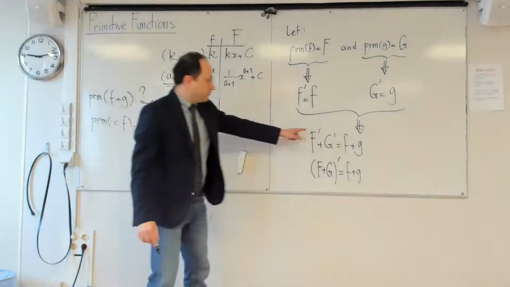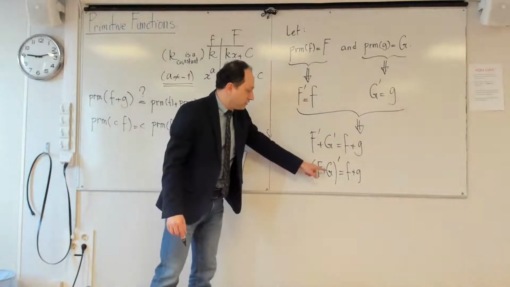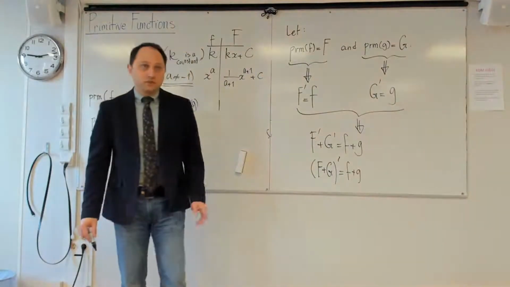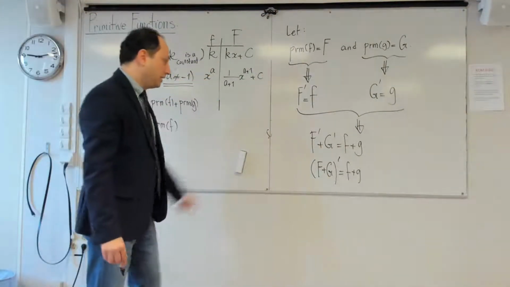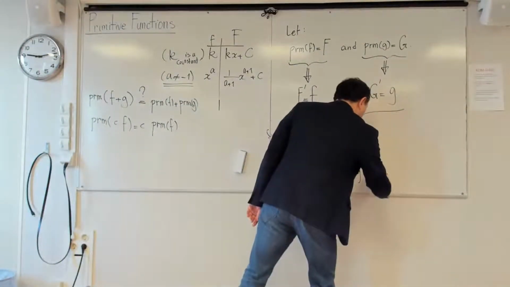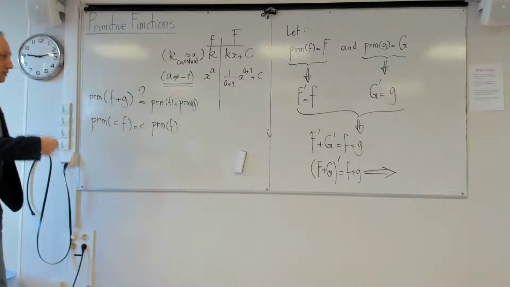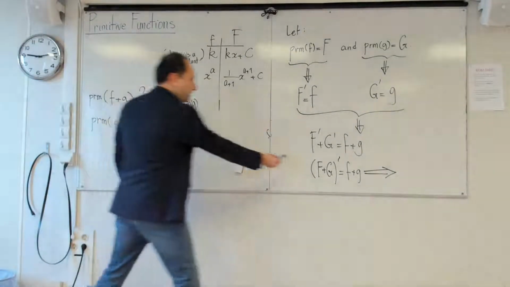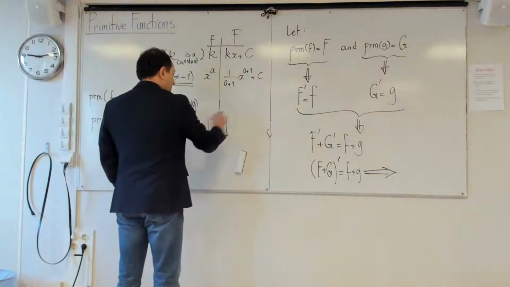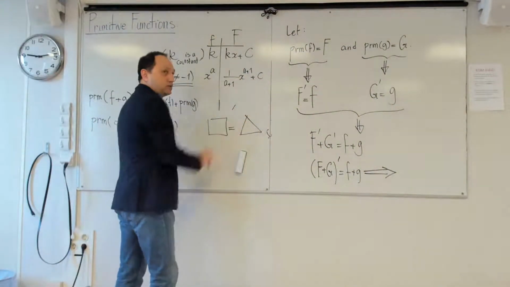Instead of writing F prime plus G prime separately, am I allowed to write F plus G prime? Yes, because of the lessons that we learned in derivative. Okay. Now, can you translate this using the primitive function? What is the meaning of this? You have a box whose derivative is this one.